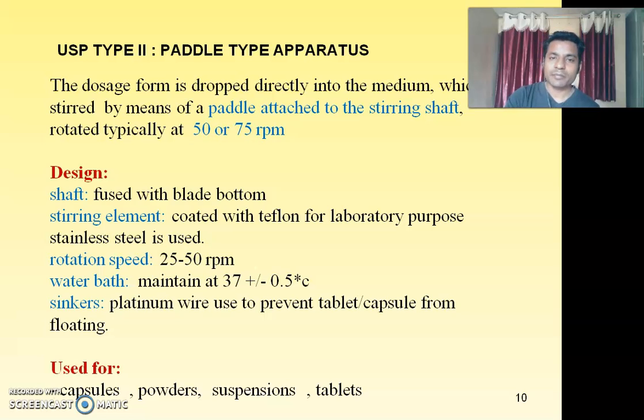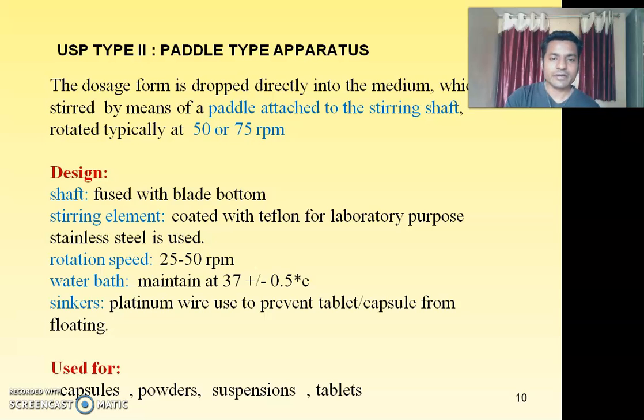It is stirred by means of a paddle attached to the shaft, and the rotation of that shaft may be 50 to 75 rpm; rpm is the rotation speed of that particular shaft. The design of the shaft is similar to the basket type, but the shape is changed, attached to the paddle.